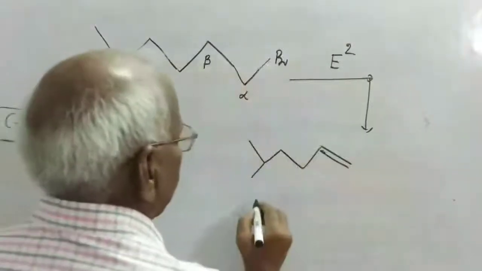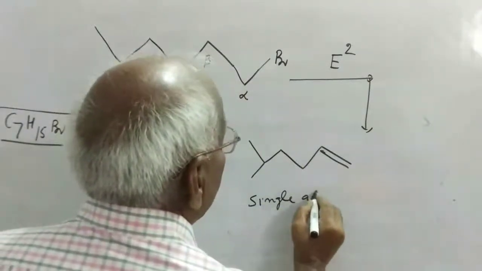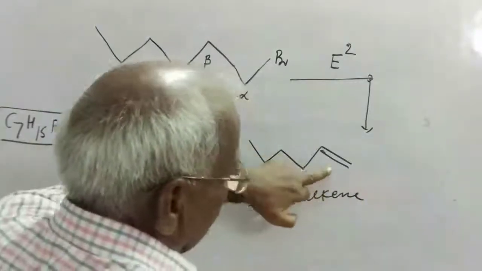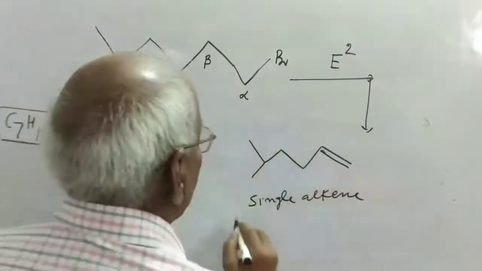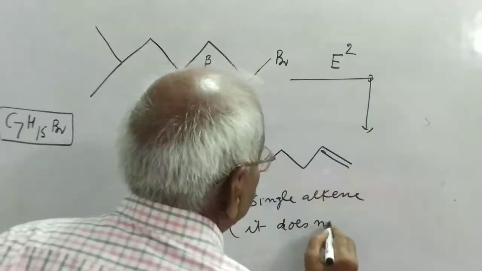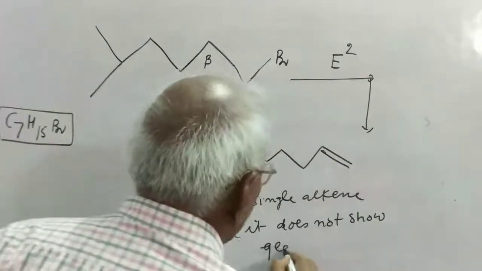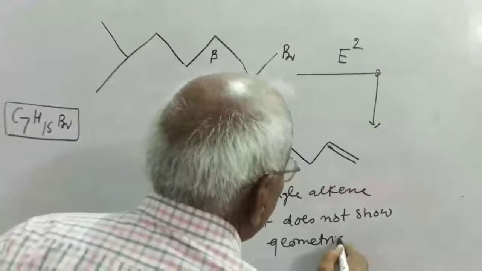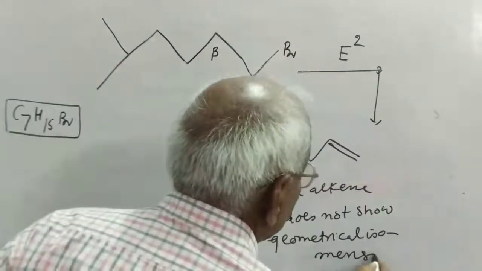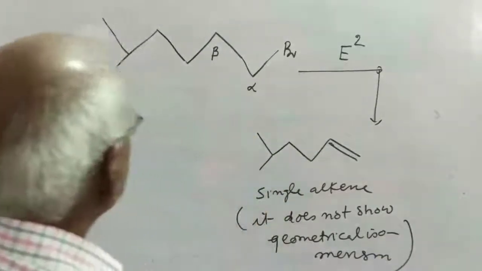But a single product, a single alkene, because this alkene does not show geometrical isomerism. So no question of cis and trans, so a single alkene will be formed.